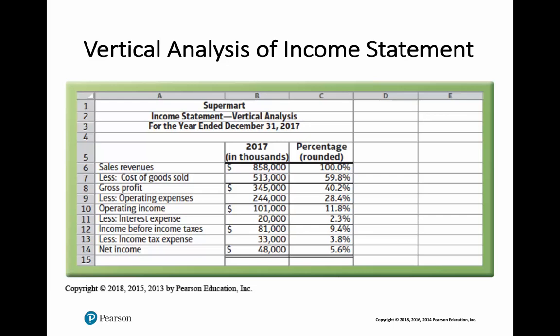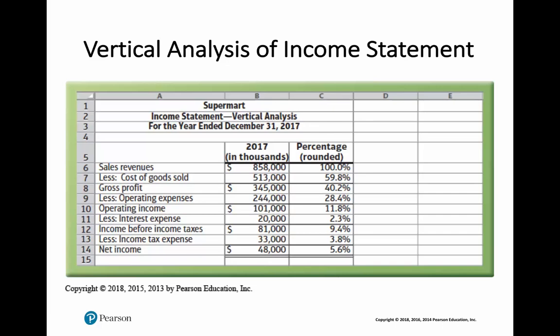And what you can do with this, now that you have percentages, rather than worrying about revenues and dollars, is compare these to other businesses and other companies. Or if you have multiple supermarkets, they could actually do this for every one of their supermarkets. And maybe their supermarket in New Bedford doesn't have as much sales as their supermarket in Providence, but when they look at the percentages, they can compare apples to apples.